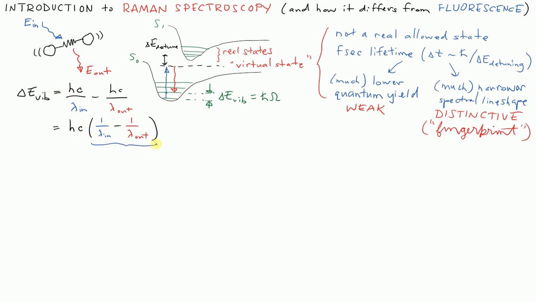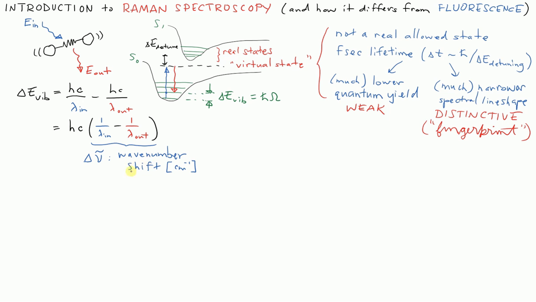This quantity in the brackets here has units of inverse length, and it has a particular name in spectroscopy. We call it delta nu tilde, and we call that the wave number shift. And we often quote that in units of inverse centimeters. It doesn't have to be centimeters, but that's the conventional unit because it's convenient. It turns out that all of the four significant figures, if you say a shift is about 1005 wave numbers, it's usually accurate to within about one wave number.